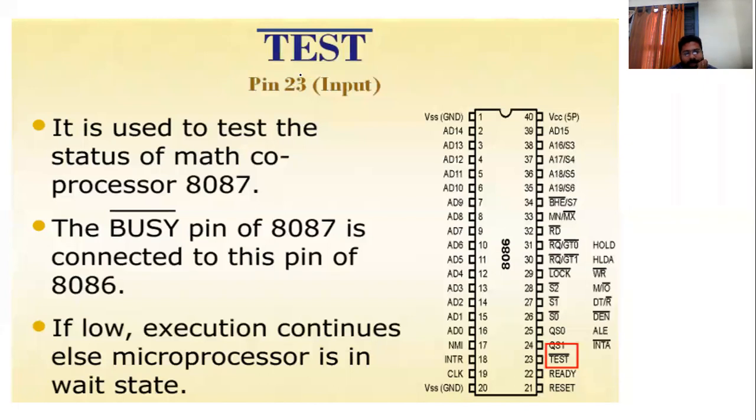Another type of pin is TEST. A test signal is there. What is the test?